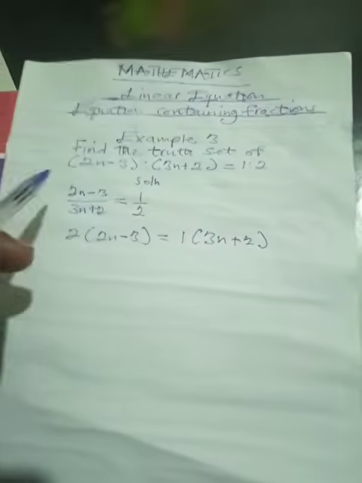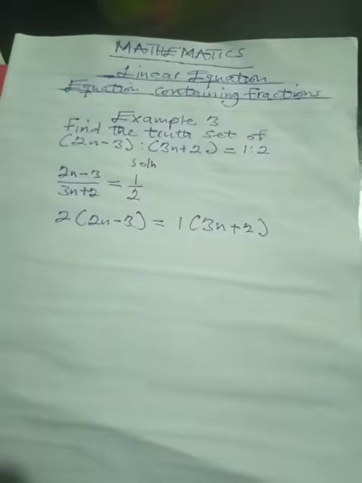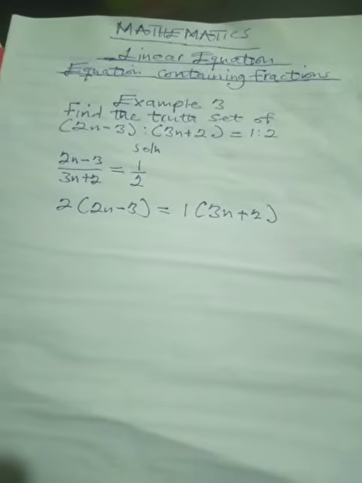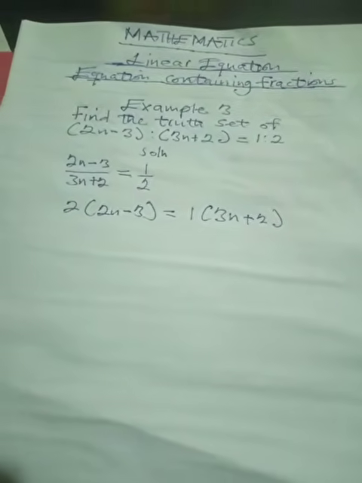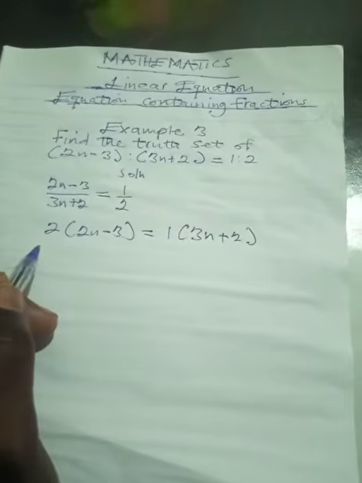So that's cross multiplication. Now we can expand the bracket.